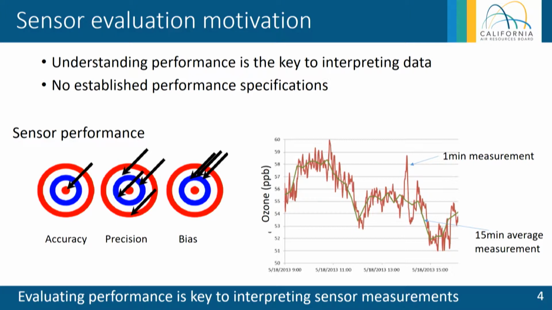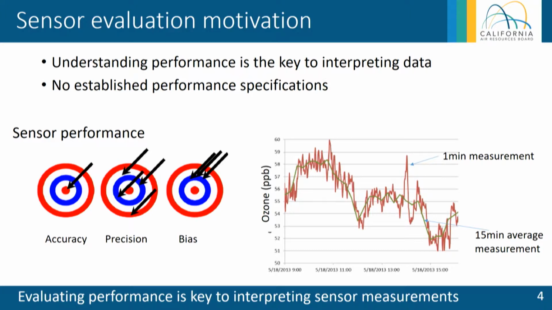The red one, those zigzags, I would say are because of precision or noise. So if I want to track the systematic trend, I wouldn't really look at this red zigzag line. This is an example of understanding performance, and it is important to know when interpreting the sensor measurements.